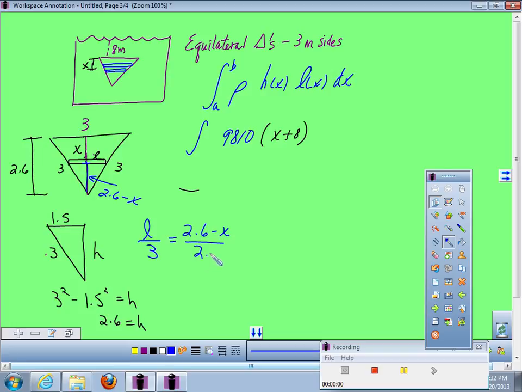To the whole height. Okay, why was it good that she started with L? Now we just have to multiply 3 over, and I wouldn't bother to divide it out. I would literally just leave this as 3 divided by 2.6 times the 2.6 minus X. Just let those constant numbers be a fraction out front. Don't bother to crunch all the numbers. Your calculator will do it once you put it in the integration.